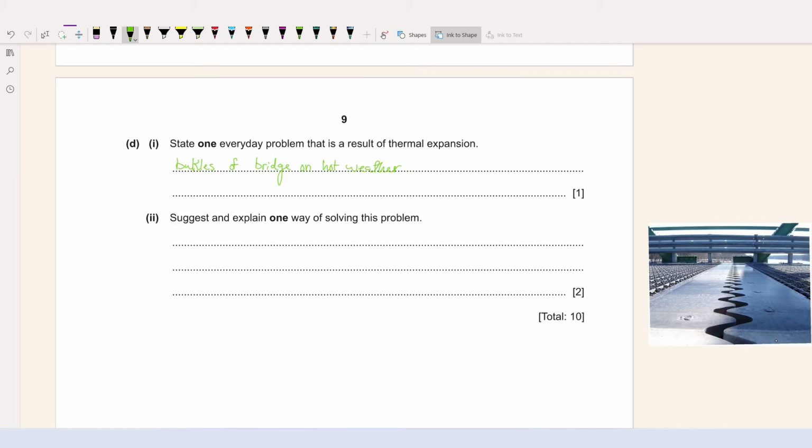Suggest and explain one way of solving the problem. On the right side, I have given a picture. We can add this gap in between the bridge so that when it expands, the bridge does not get damaged. So we can write here add gaps in between the bridge.